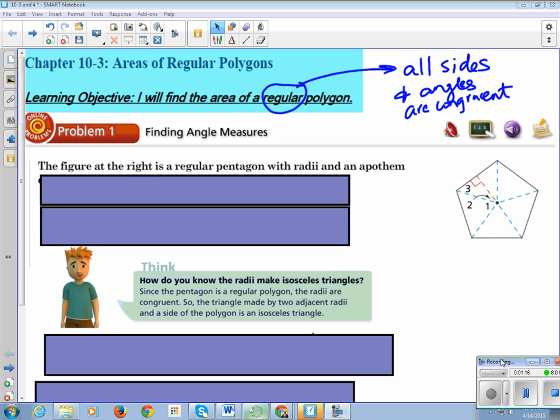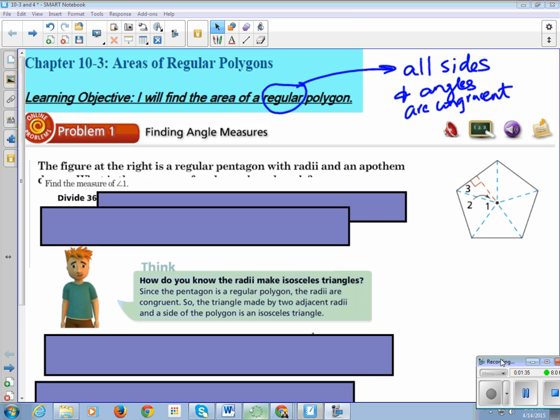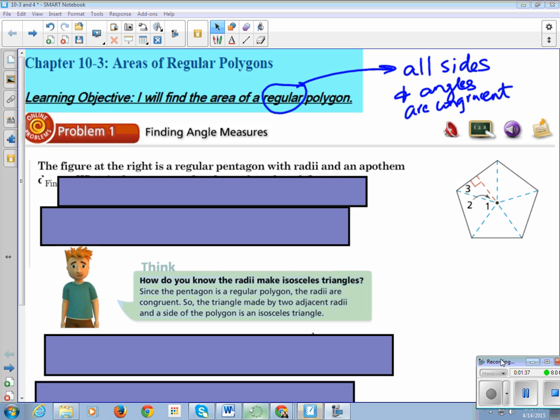All right, so problem number 1 is finding angle measures. The figure at the right here is a regular pentagon with a radii and an apothem.